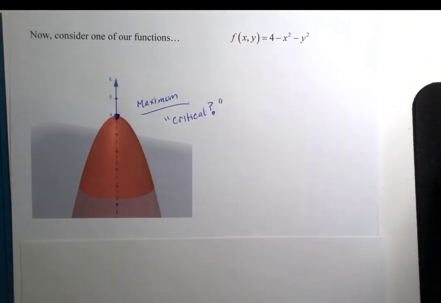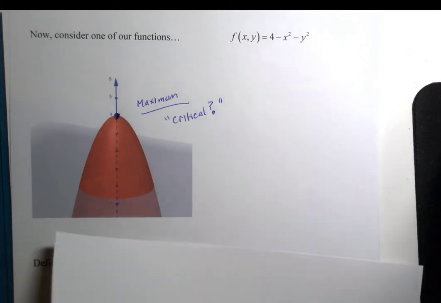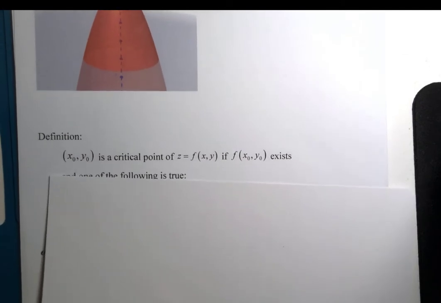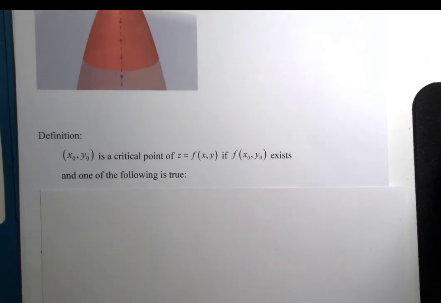So let's look at a definition of what makes something critical in a multiple variable case. Okay, let's see what we've got here. All right, it doesn't say critical number.